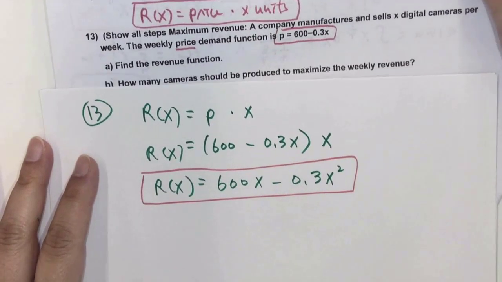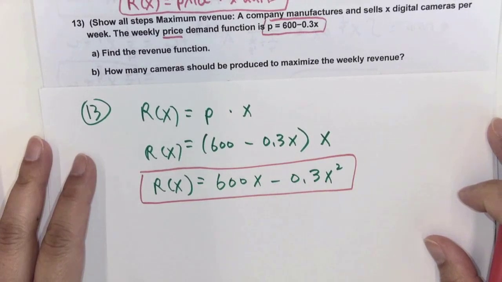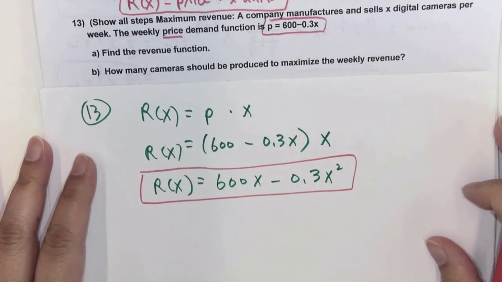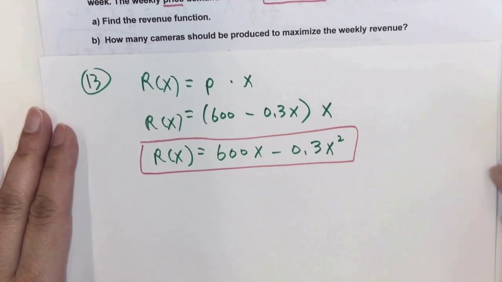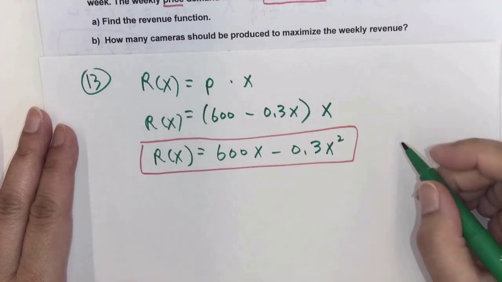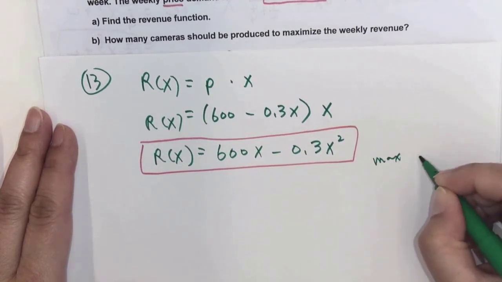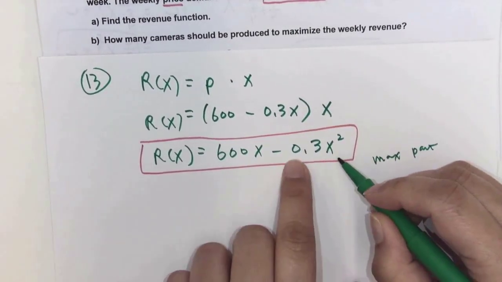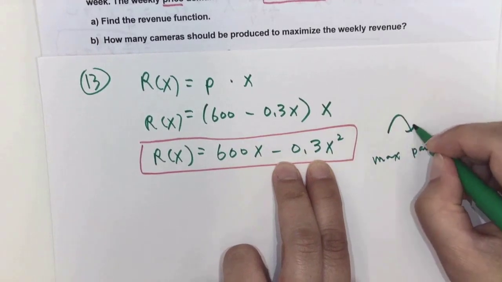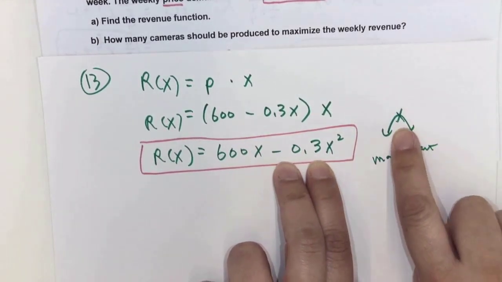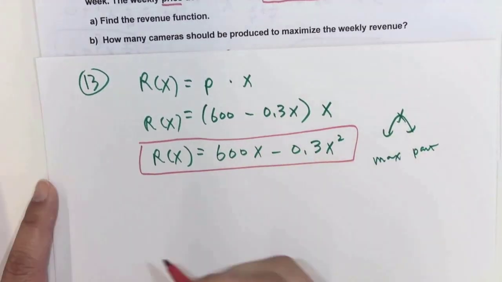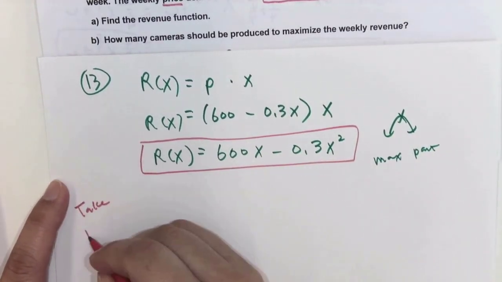B part, how many cameras should be produced to maximize the weekly revenue? This is the same kind of question you have seen on the last exam when we need to find the maximum. I pretty much know this is a negative x squared, so I know it's going to be a curve like that, so it's going to be at the critical number, I'm pretty sure. So I need to take the first derivative.